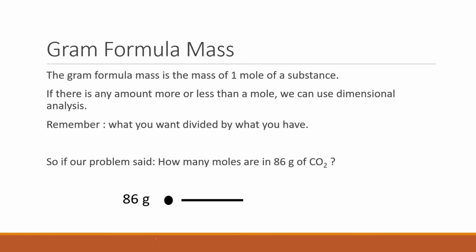If I have just a mass of CO2, right? If I say that there's 86 grams of carbon dioxide and I want to know how many moles there are, I have a conversion. I know, right, because I just did it, that 1 mole of CO2 is equal to 44 grams.